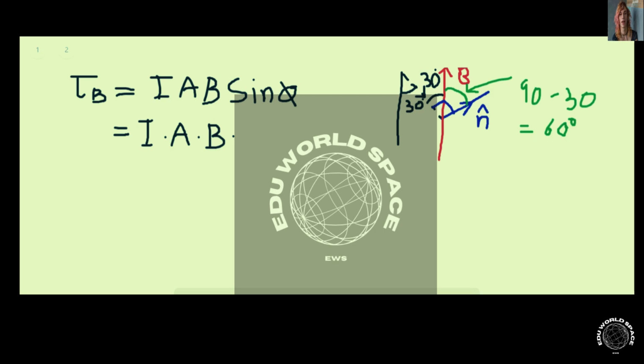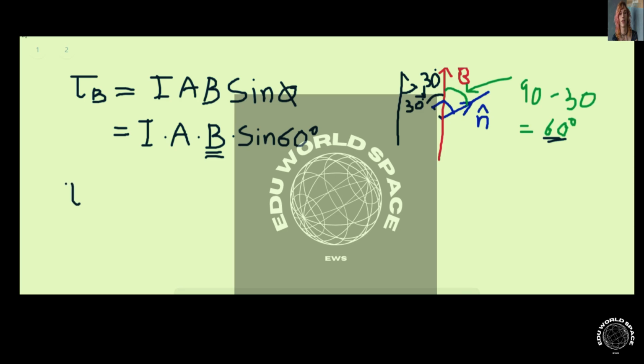Times sine of phi. And phi is the angle between the magnetic field and the normal to the loop. So that we just concluded is 60 degrees. So let me just put that in. So now I can just solve for B because everything else is completely determined.